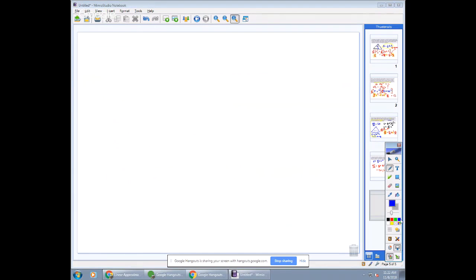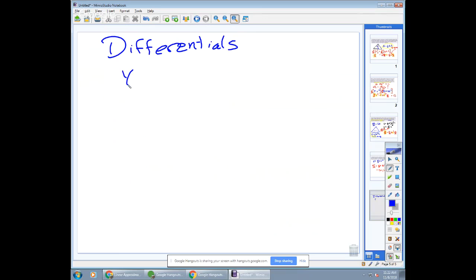So we're looking at differentials as the big idea. And we have, say, some y equals some function of x. We take the derivative, dy dx. We also call that f prime of x, right?